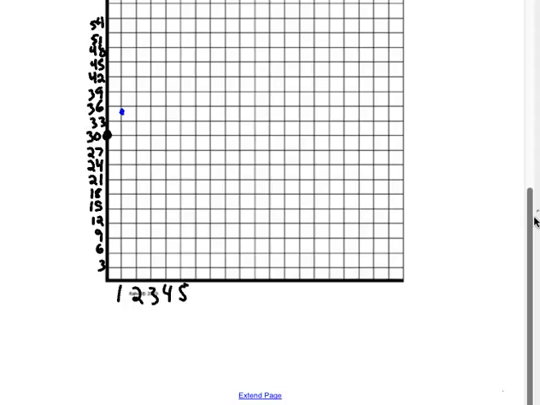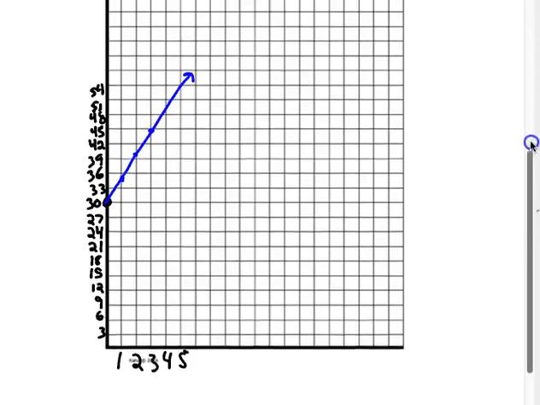Up 5 more, so up to 40 over 1. Up 5 again, so up to 45 over 1. Okay, so there is my blue line, the first one.